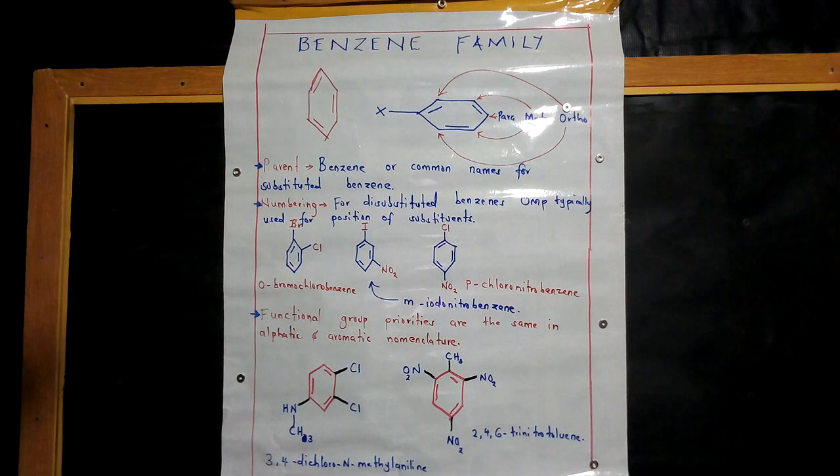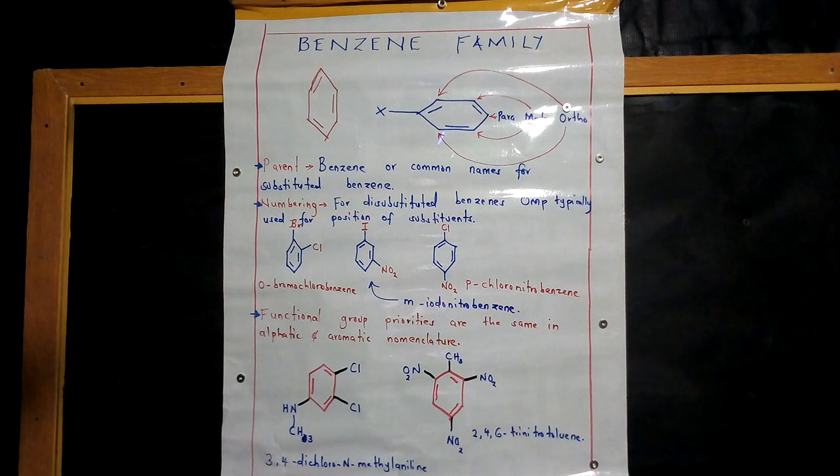So benzene has a unique or characteristic way of naming at these specific points of the carbon atoms. As I've drawn on the right side of this particular molecule, there's a benzene ring which has substituent X at this point.